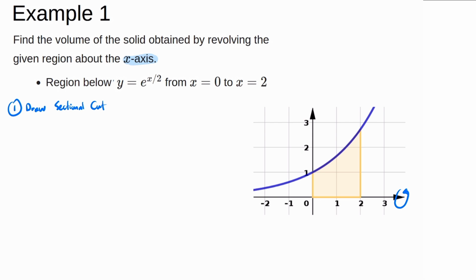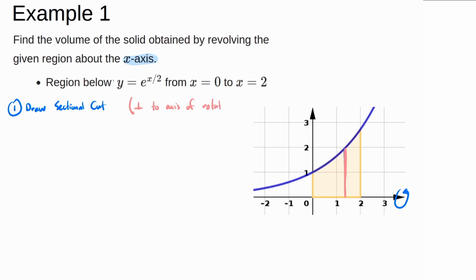So our first cross-sectional cut here is we're going to do this perpendicular to the x-axis. When we draw our cross-sectional cut, we want to do this perpendicular to the axis of rotation.